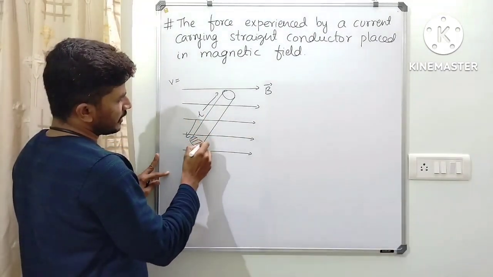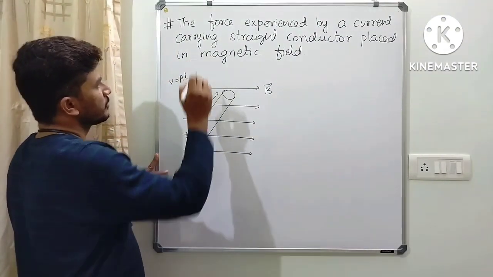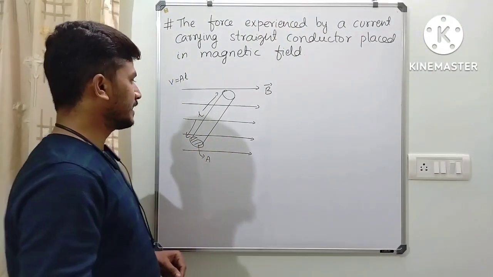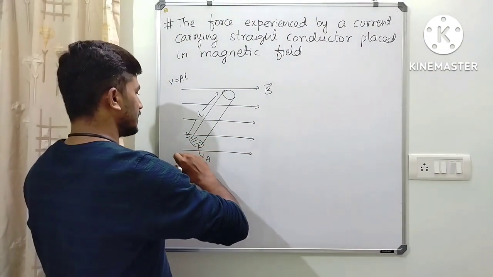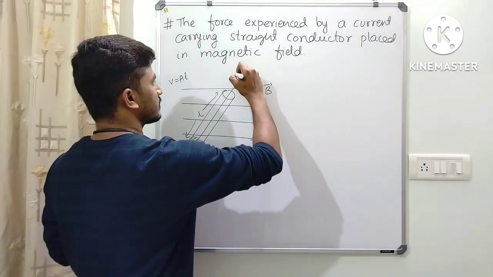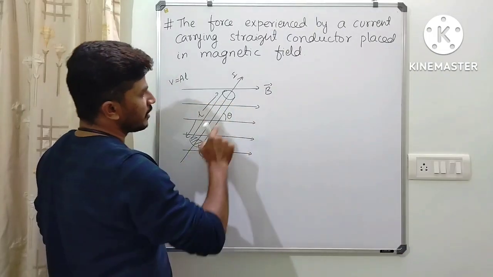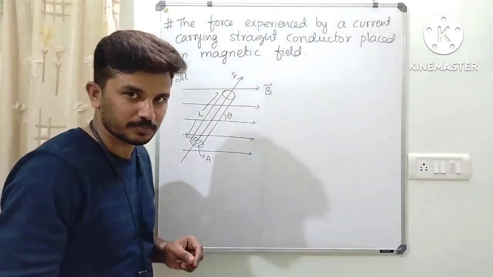This cross-sectional area A into L. Can I write like that? And secondly, let us consider the direction of current is like this, I, making an angle theta with magnetic field.